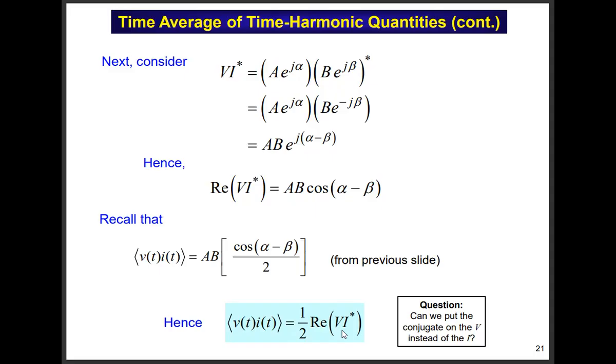So think about it a second. Just call this whole thing Z. Is the real part of Z equal to the real part of Z conjugate? I think so. Remember what conjugate means? So now what's the answer to the question in the box? Is it fair to put the conjugate over here if we want to?